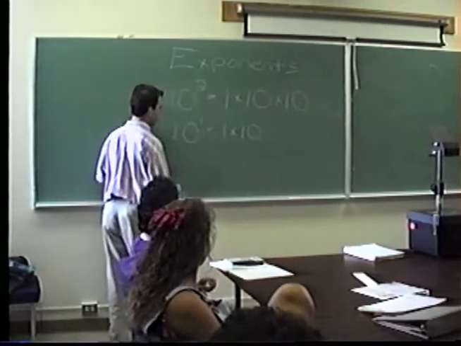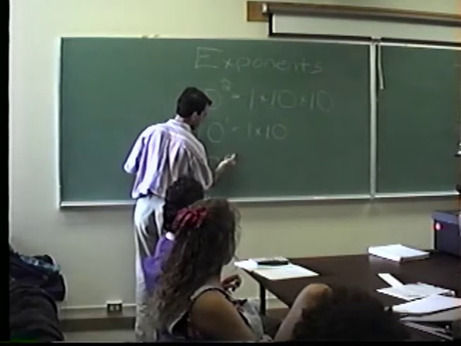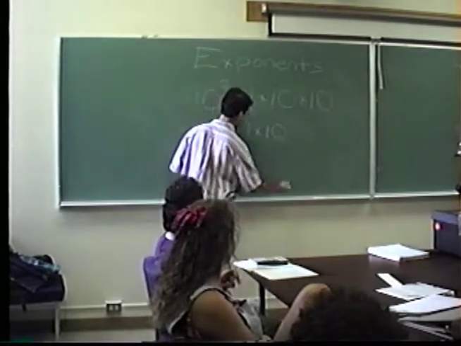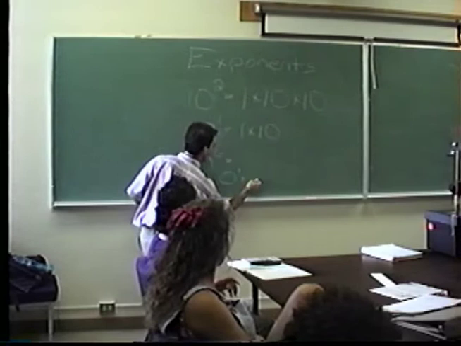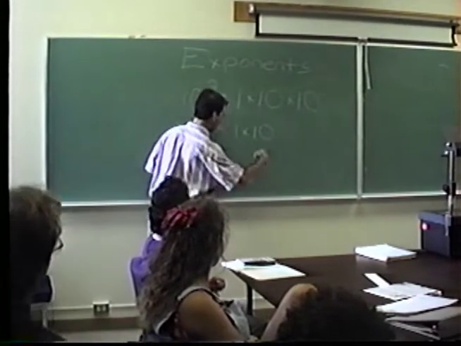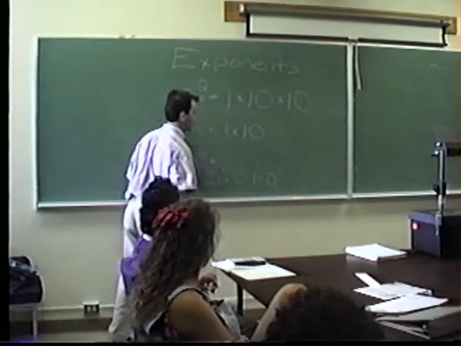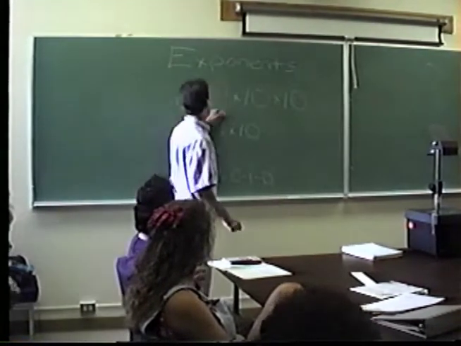But if I write 0 to the 6th power, it's going to be 0 times 0 times 0. If I write 0 to the 1 power, it's going to be 0 times 1, and that equals 0. Okay.